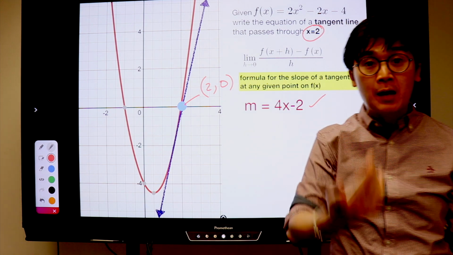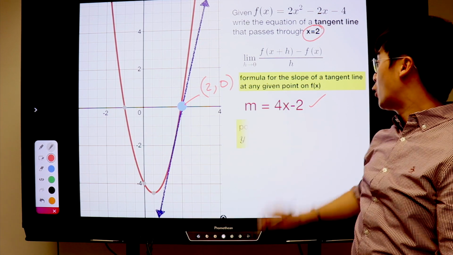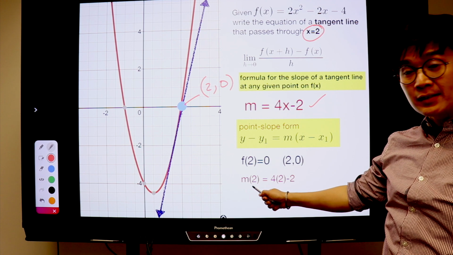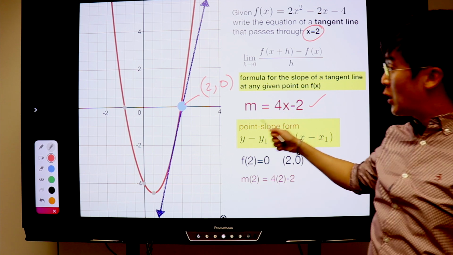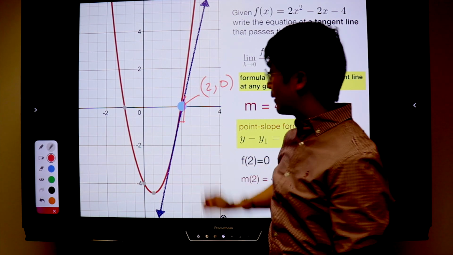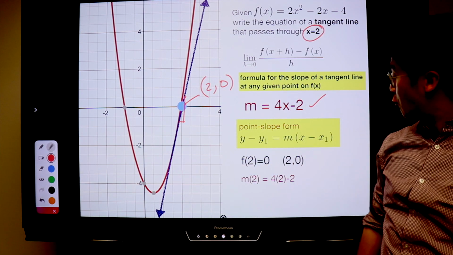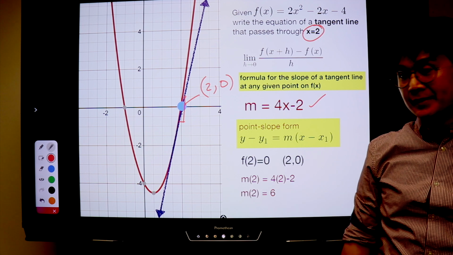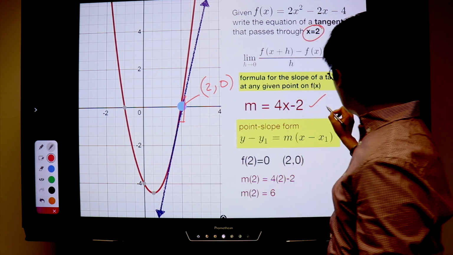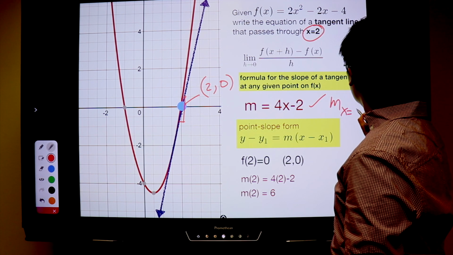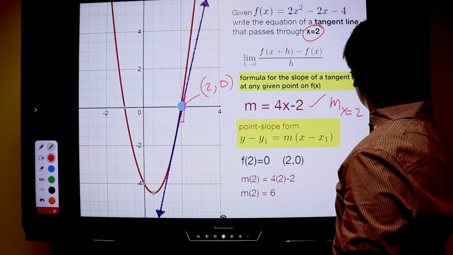It needs to be a number or numerical value. We're going to plug in the value of your x to the equation of the slope so we can find the slope of this line right here. And what is it equal to? 6. So now we have the slope at x equal to 2, which is 6.